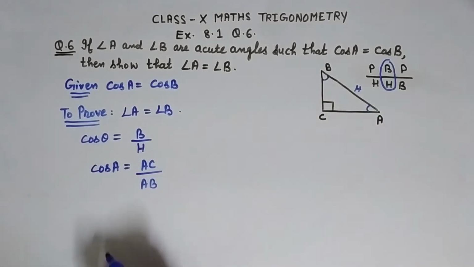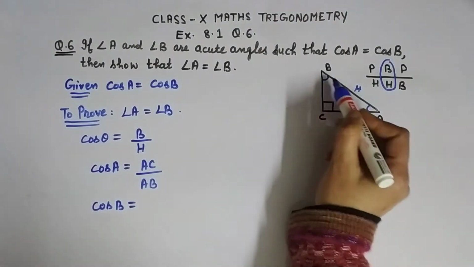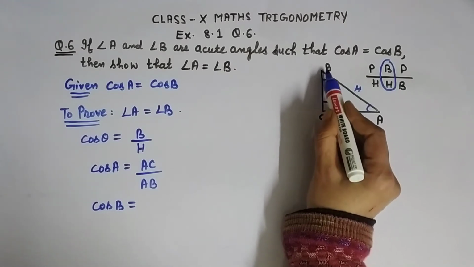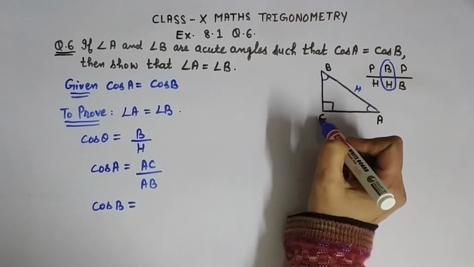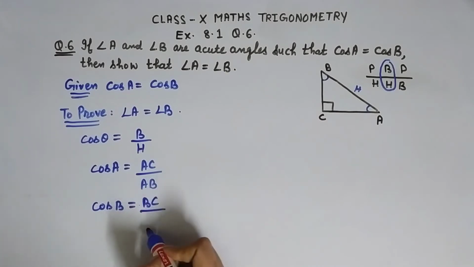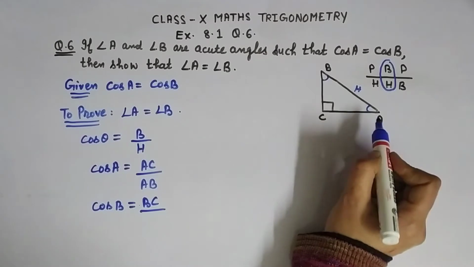Now cos B, we are talking about theta B. It means if theta B, then base will be its adjacent side, that is BC, upon hypotenuse, which will remain the same in all situations, that is AB.